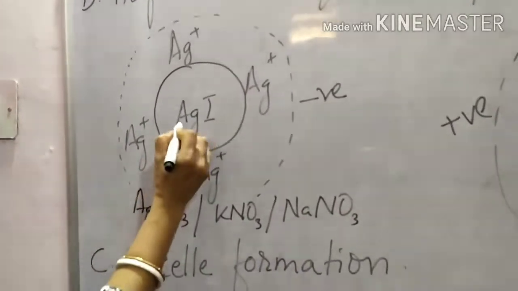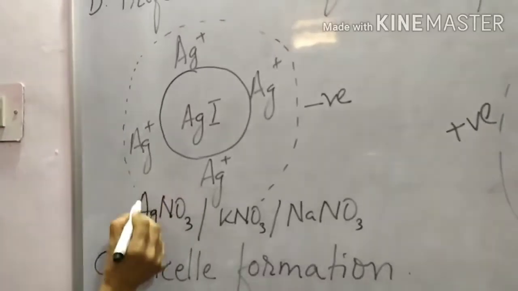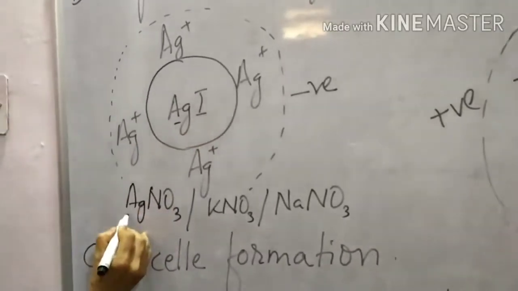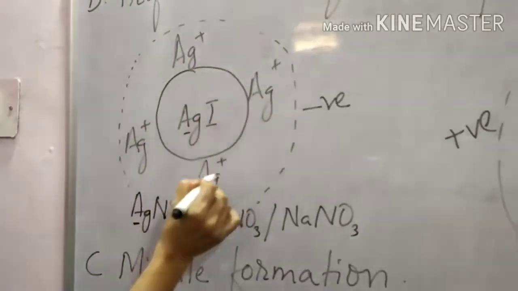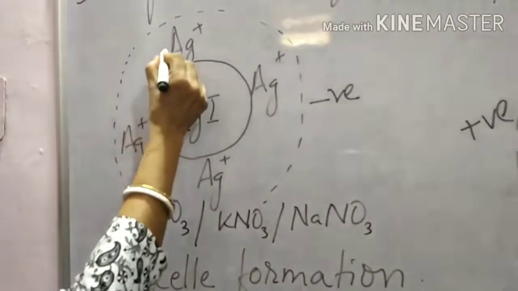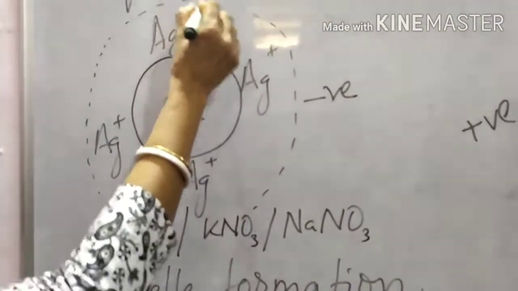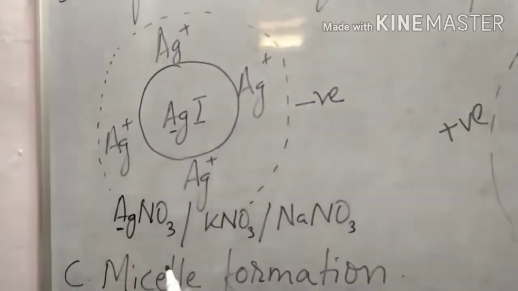But because silver ion is the common ion, silver ion gets adsorbed on the surface and the colloidal system develops a positive charge. In the same way, I can change the charge on the colloidal system also.